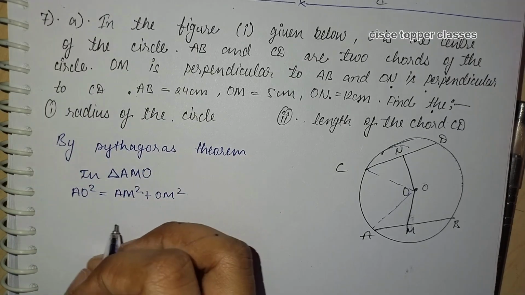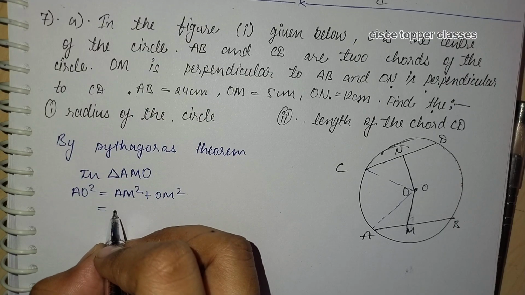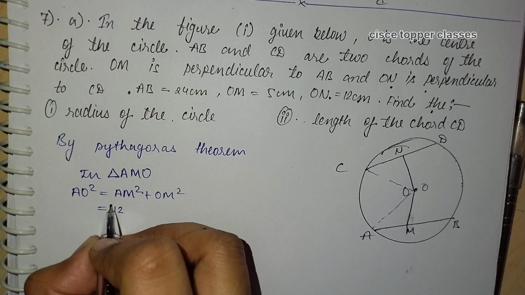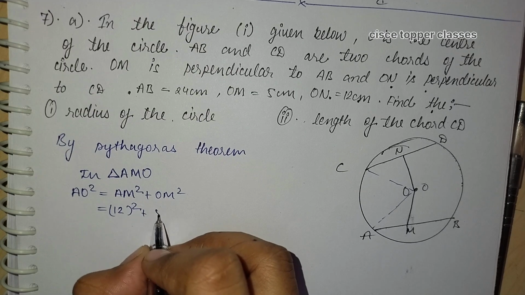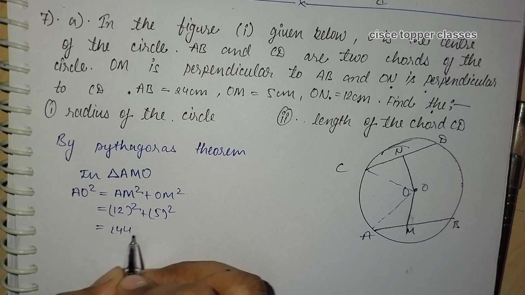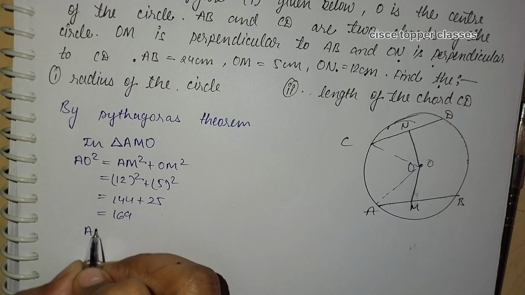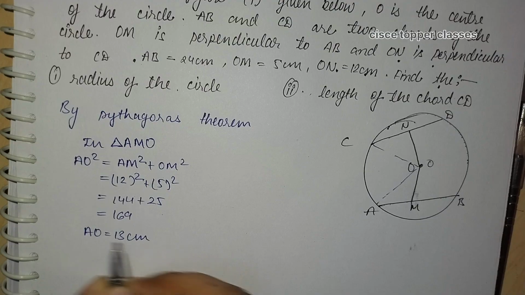AB is given to us, which means if OM is perpendicular, it bisects also. So AM is equal to half of AB, that will be 12 whole square plus OM. OM is 5 as given in the question. So here it is 144 plus 25, this will be 169. On taking the square root, AO is equal to 13 centimeter from here.